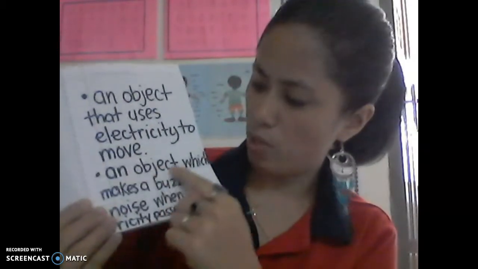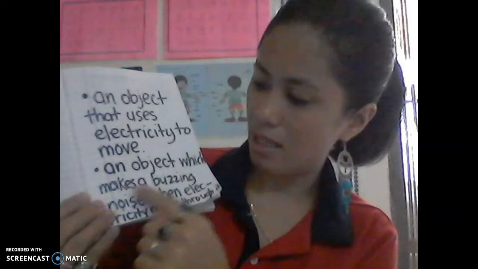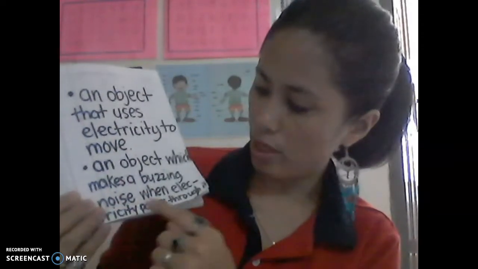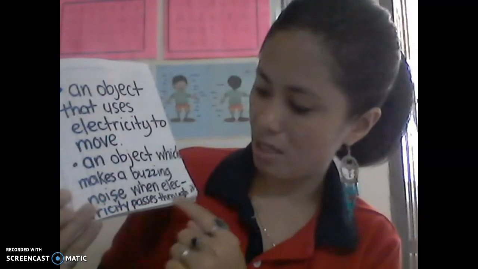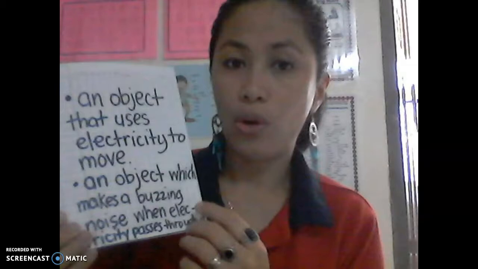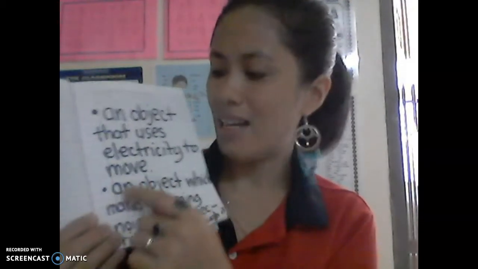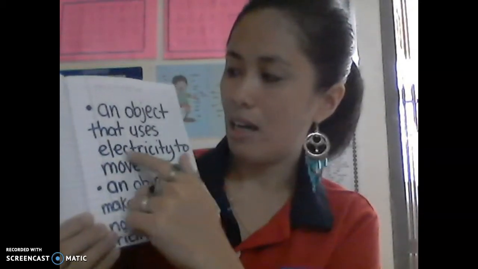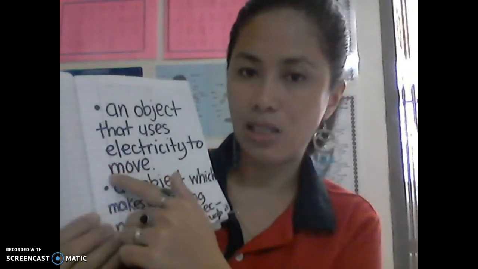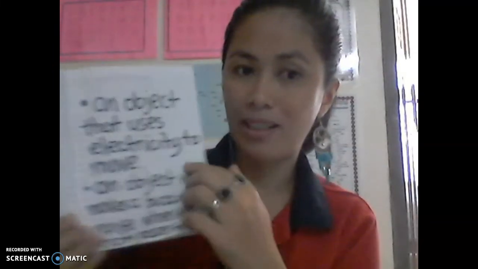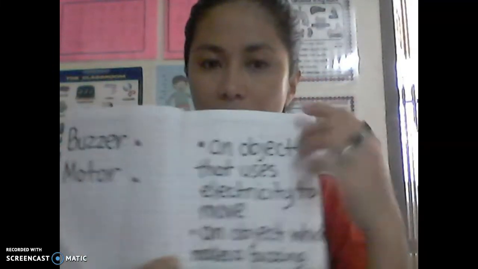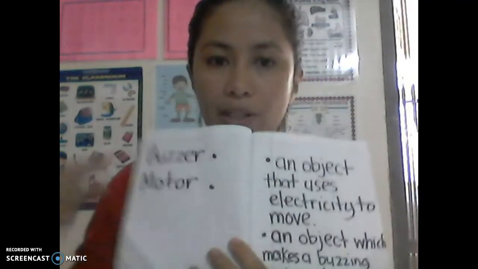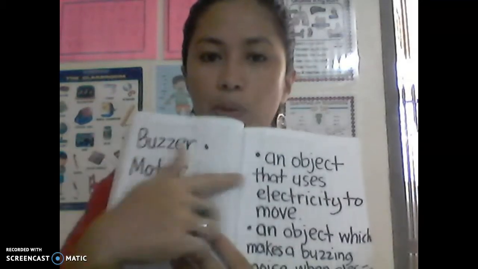And here, an object which makes a buzzing noise when electricity passes through it. So we all know yesterday that any object that needs to move, it's what? Is it buzzer or motor? Okay, so we will go back to this later.